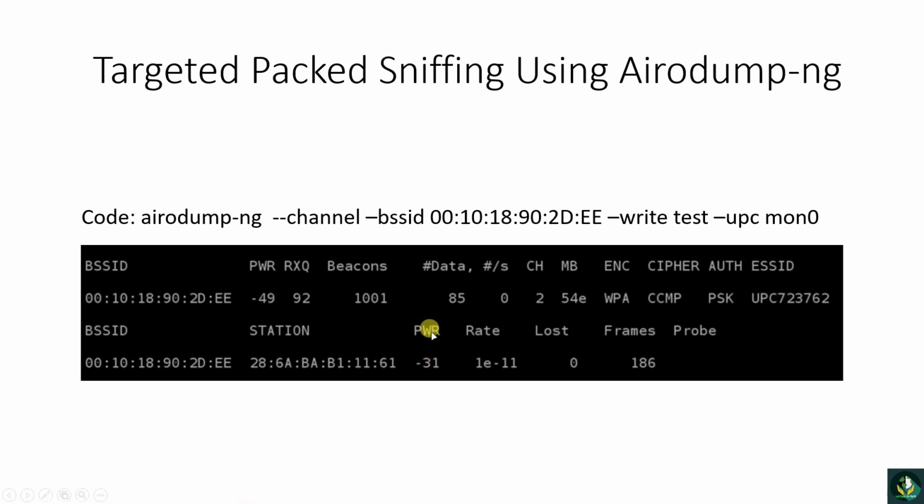This is the MAC address of the device that is connected to the network. As you can see, this shows the power, the distance between us and the device, and the rate is the maximum speed.